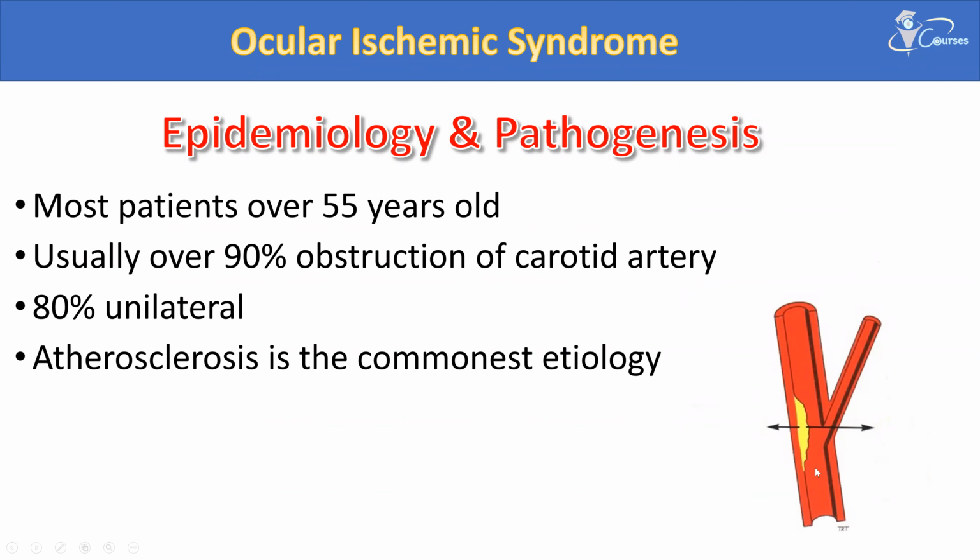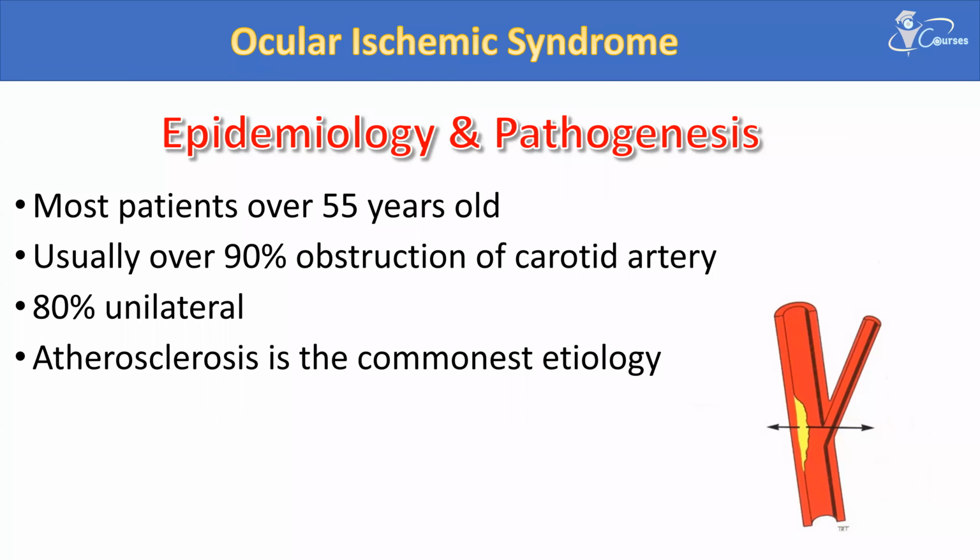So there will be atheroma in the carotid artery that will cause occlusion of the lumen. So there will be limited blood flow through the internal carotid artery, including the ophthalmic artery that branches from the internal carotid artery, and including the central retinal artery, which is a branch from the ophthalmic artery.